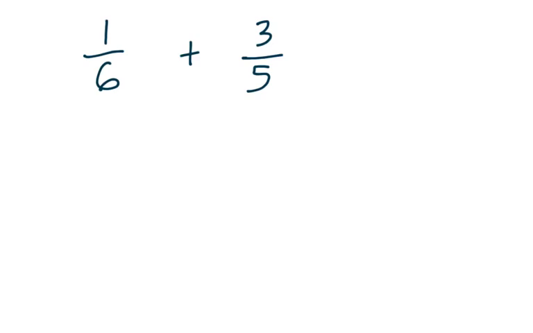The moment of truth. Use the make a table strategy to add 1/6 plus 3/5. Pause the video right now. And when you unpause the video, I'm going to count down 3, 2, 1, and then I'm going to show you the final answer with all of the work that I showed. Now remember, if you are still a little bit confused, you can pause the video and go back to watch one of the other two problems that we did together until you understand it.